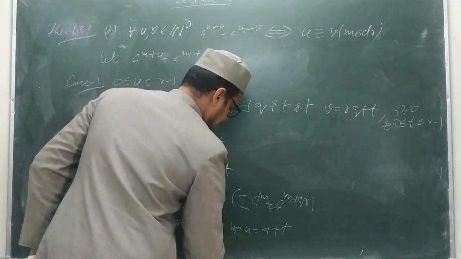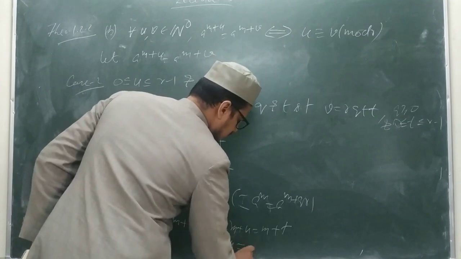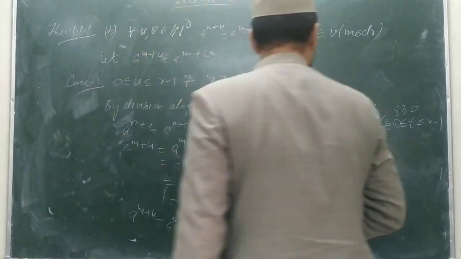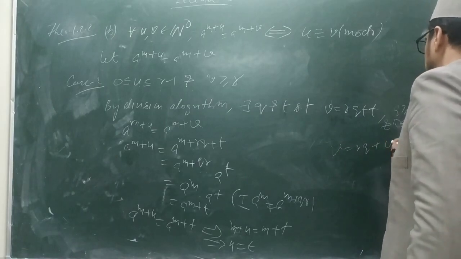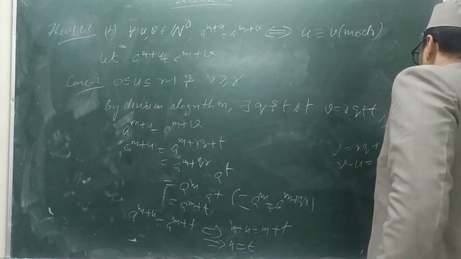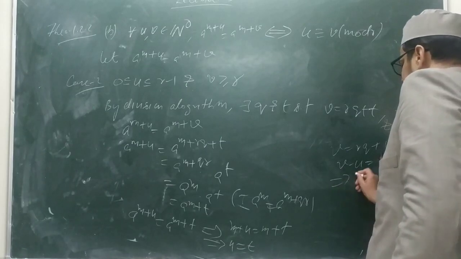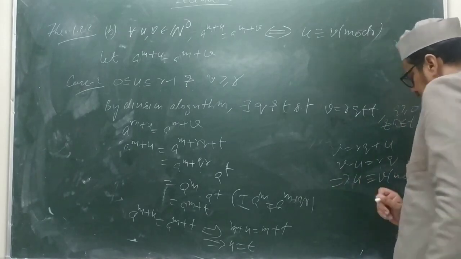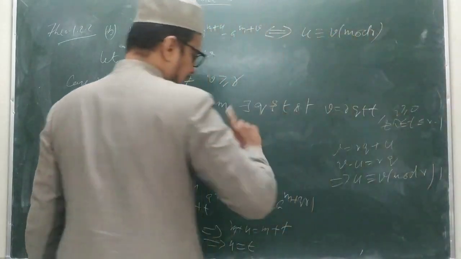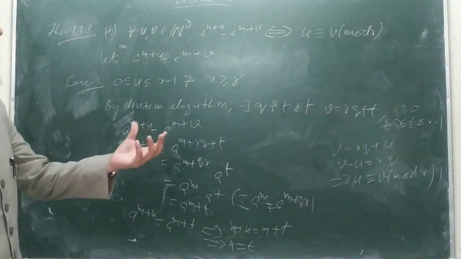It implies that u is equal to t. So we get u is equal to t here. Now you put here, that is v is equal to rq plus u. So v minus u is equal to rq. What does it imply? It implies that u is congruent to v modulo r. So in this way, we have proved that, again in this case, u is congruent to v modulo r.